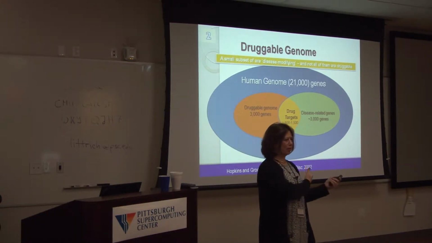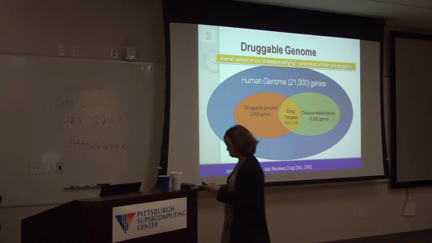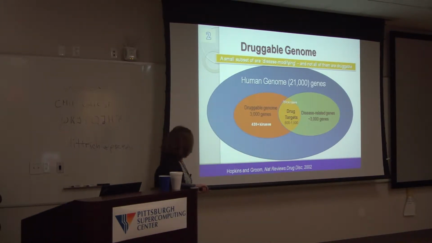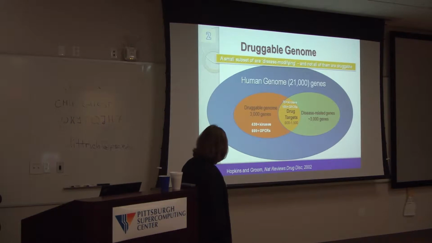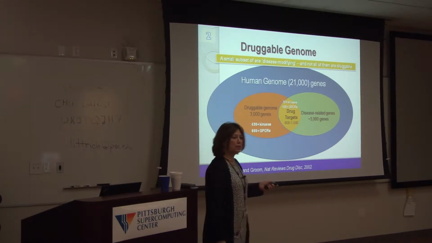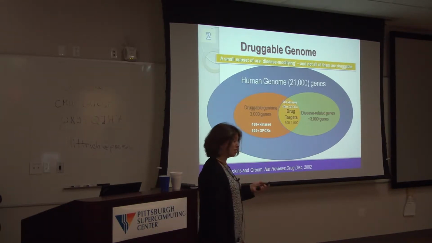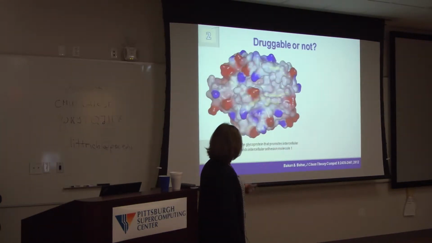So that is one, and here we are going to talk about that. These were some actual numbers that have been extrapolated. Of course, GPCRs are very important targets, and so are kinases.